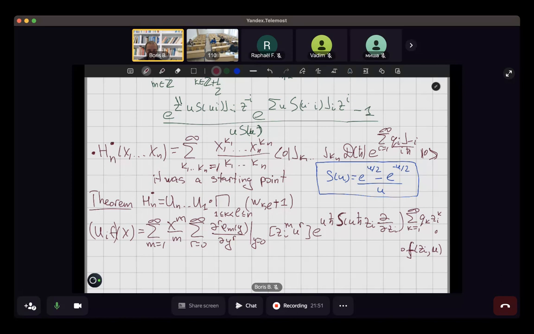So phi 0 of y is equal to 1, and phi m of y is equal to x of some psi of y plus (2i minus m minus 1) over 2 h bar.